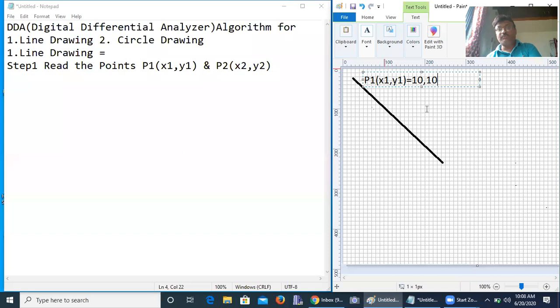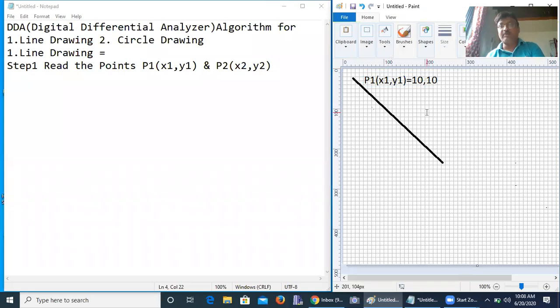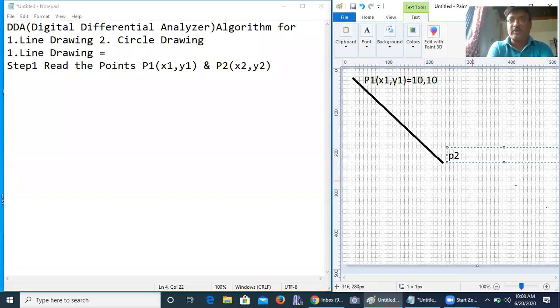Then the next point is my second point P2, having coordinates x2 y2. For the P2 point, we set it equal to 100 comma 100. These are the points that I'm going to read and draw. This is my final aim, that I'm going to draw.